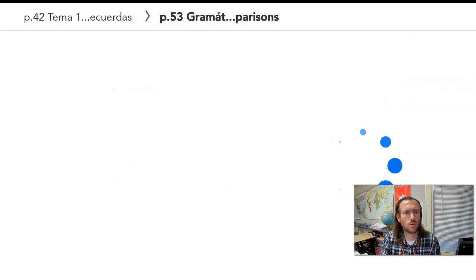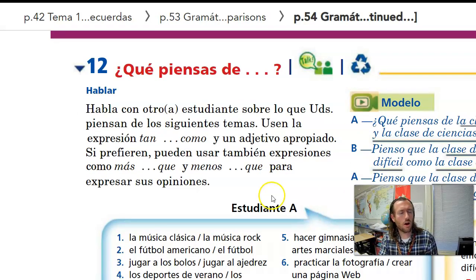All right, what we'll do to conclude class is the conversation activity on page 54. ¿Qué piensas de? You're going to follow the model here to compare these two topics using expressions of inequality like más and an adjective, que, or menos to say less.